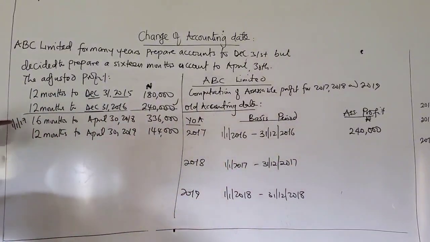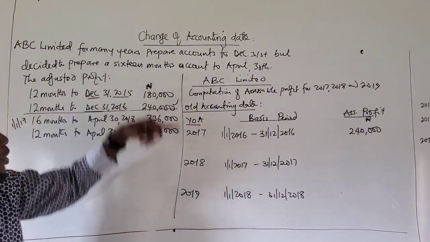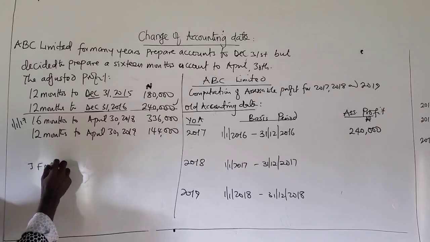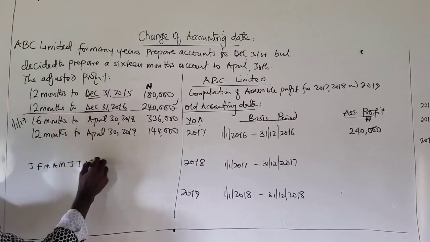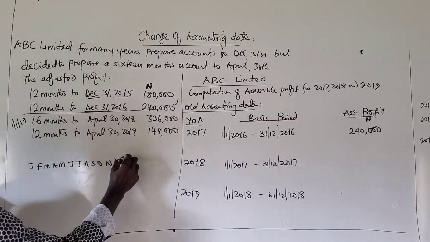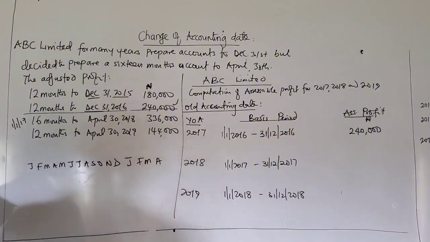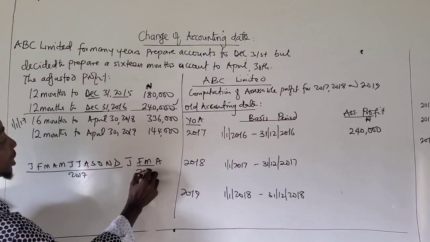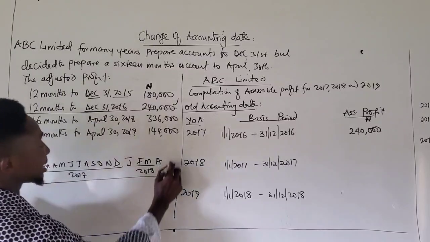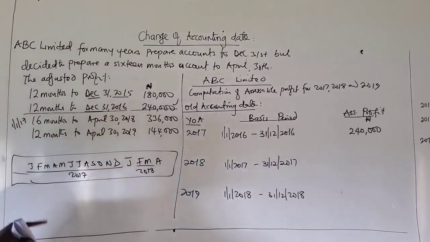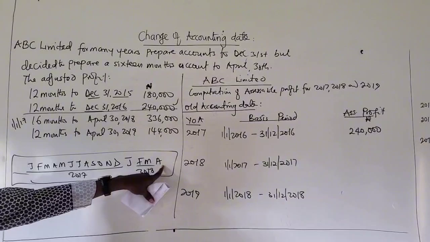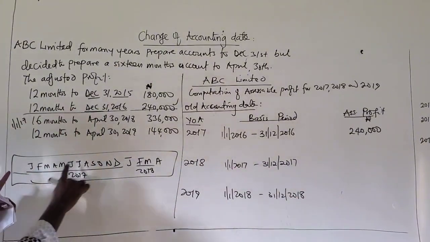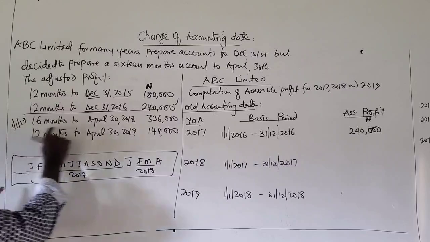And now they gave us January 2017 through April 2018, that is, the 12 months of 2017 and 4 months inside 2018, given to us together in one period. We are looking for January to December, which is a period of 12 months, but they gave us a profit for 16 months.